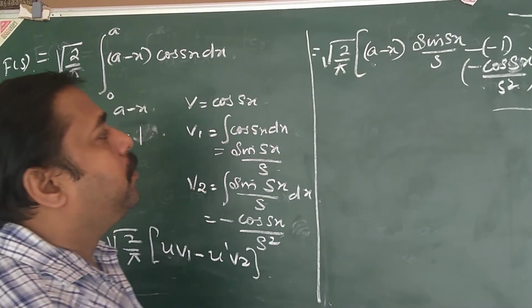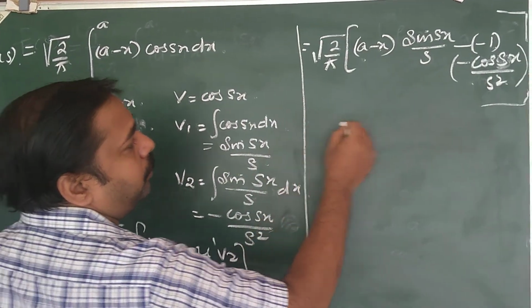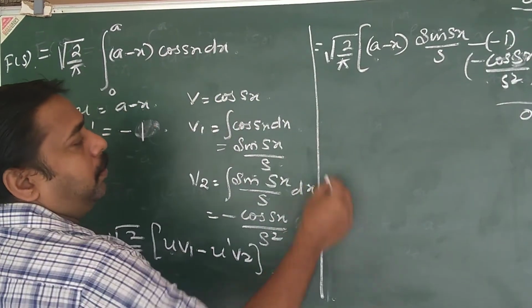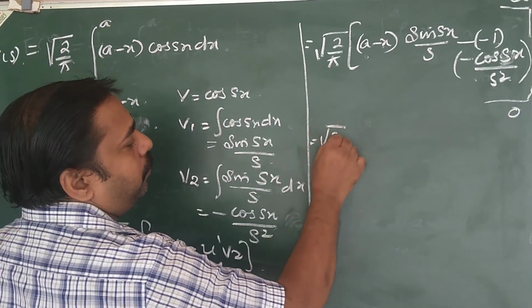Okay, so the limit is 0 to a, and that is equal to root of 2 by pi.